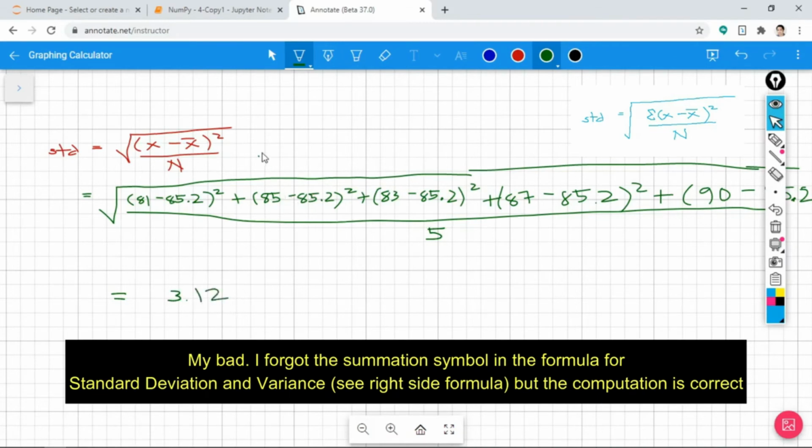And if you compute the variance previously, if you compute this one without the square root, the answer will be 9.76. So that is the variance. So the square root of 9.76 is 3.12.